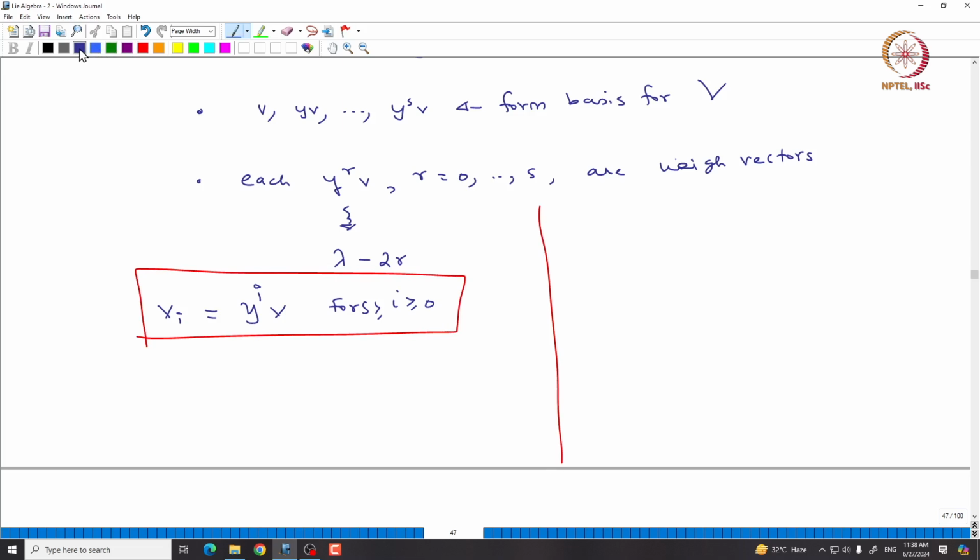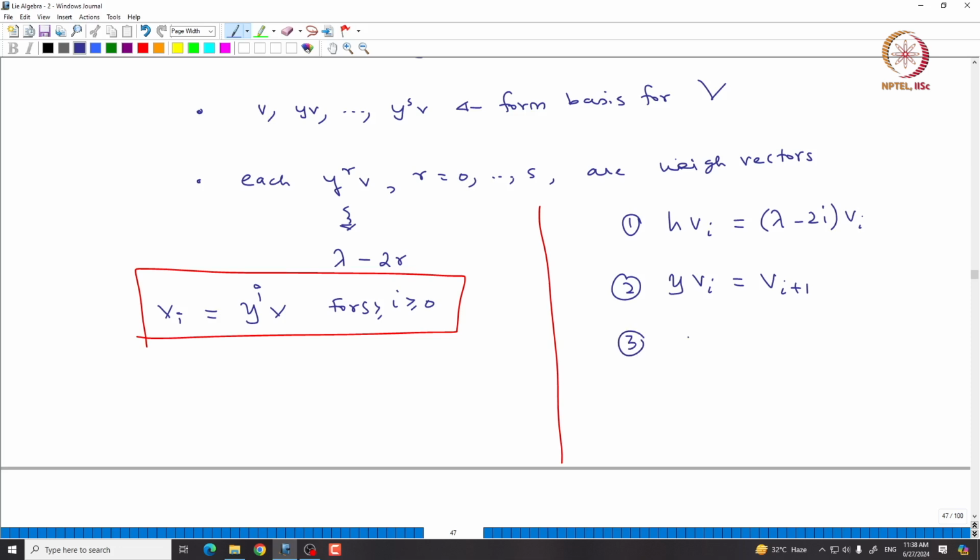How h acts: h v i is going to give us lambda minus 2i v i. The second thing is how y acts: y v i is going to give us v i plus 1, because y just increases the power.